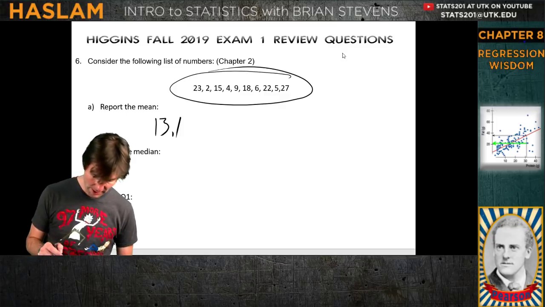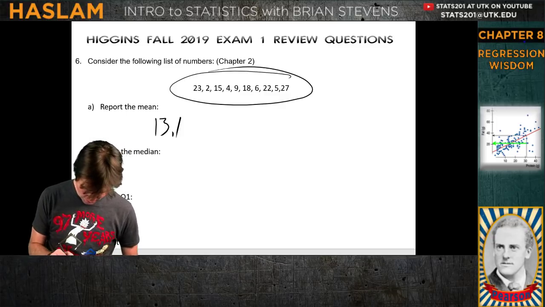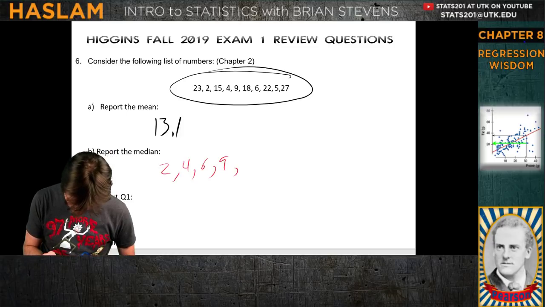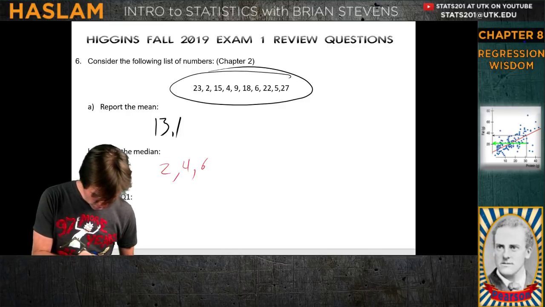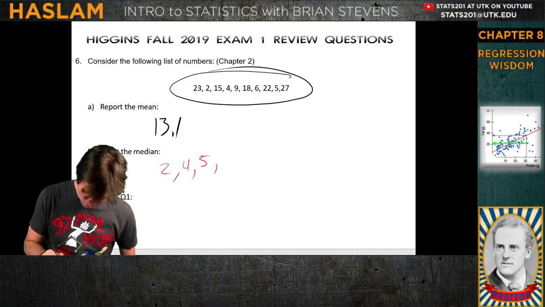Report the median. We need to put them in order now, so we need to do a little work before getting there. 2, 4, 6, 9... oh, forgot the 5. Truthfully, I could put it after the 6, but I shouldn't do that. We're about to the important numbers.